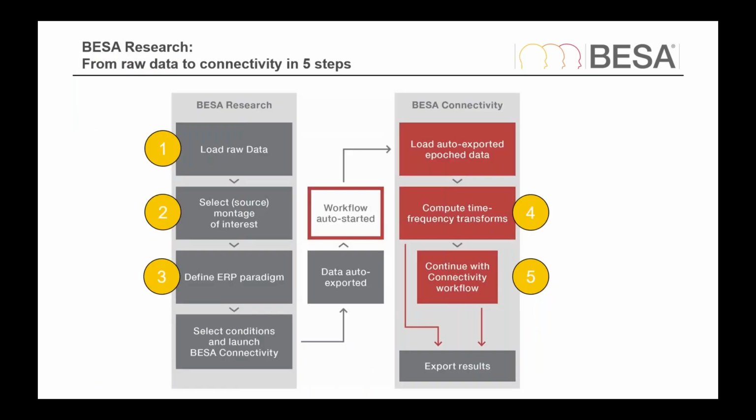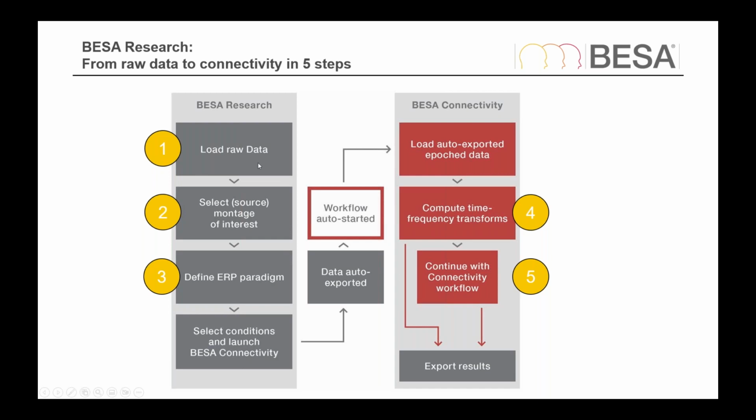Basically, all the concepts that I was talking about here are universal. They can be applied in several toolboxes already, and we'll have a look at the basic research pipeline here. So basically, what we are facing is that we need 5 steps to get to our connectivity.